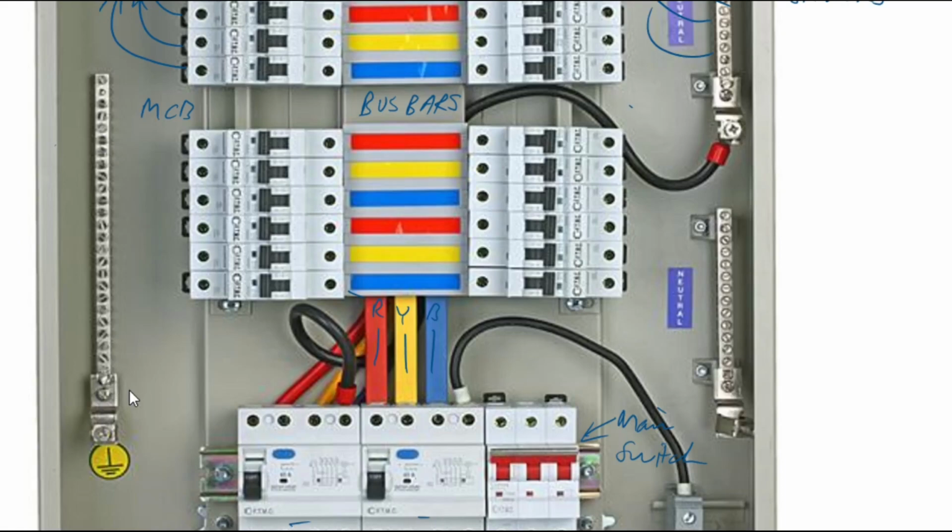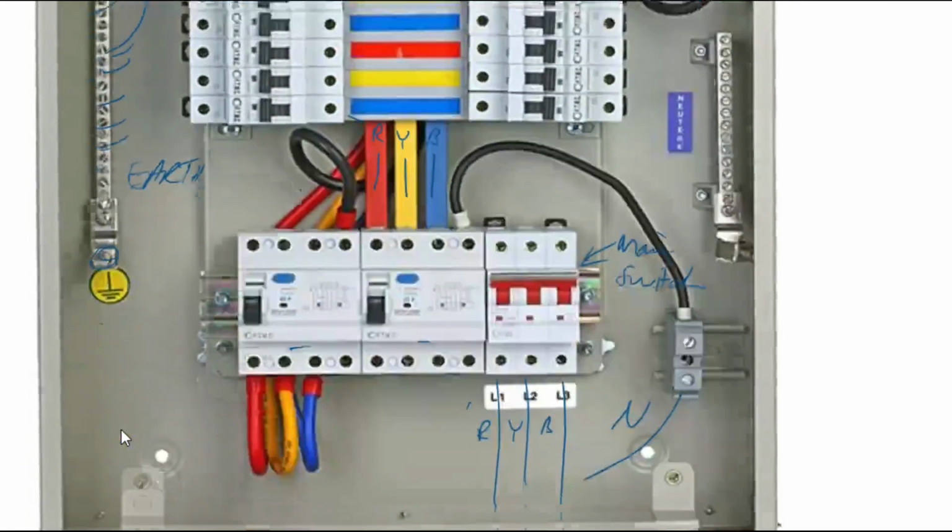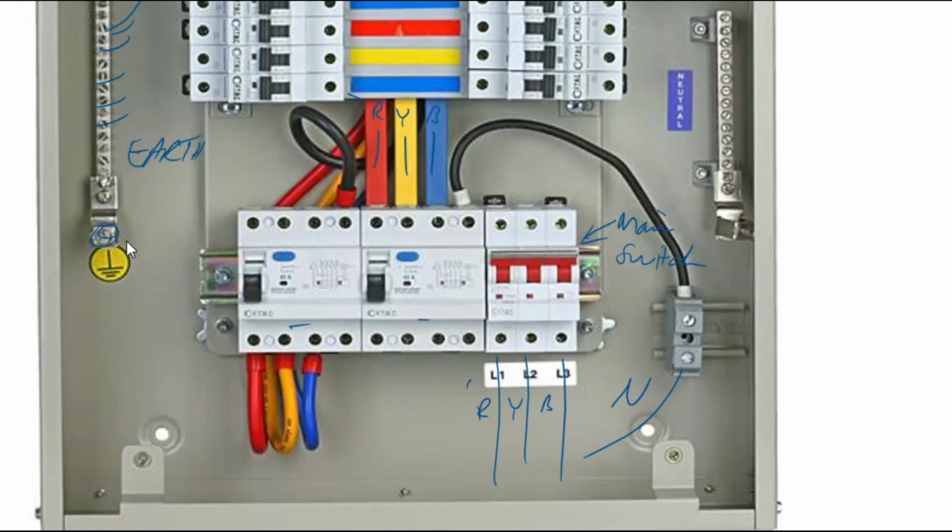On this other side, you have the earth connectors. So all circuits will leave the distribution board with a set of live, neutral, and earth. So the earth wires are all connected from here as they pass to the circuits. This point is connected to a physical earthing rod located somewhere in the building that connects directly into the ground.